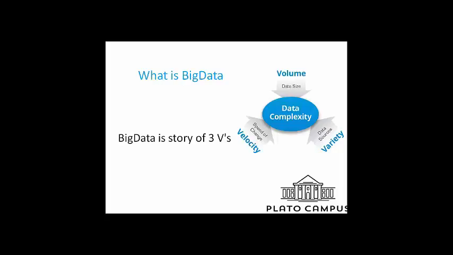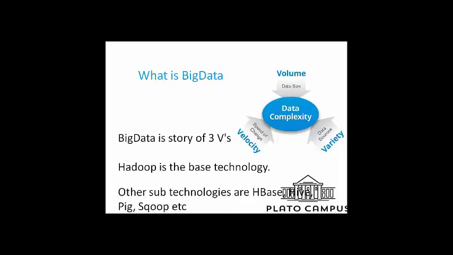Because Hadoop is a base technology. On top of Hadoop, we need a few more technologies that can be HBase, Hive, Pig or Sqoop. And there are so many others. These sub-technologies are all dependent upon Hadoop only. Now you can see that Hadoop is the base technology, and what is big data?